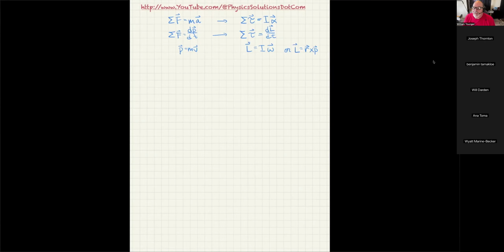Okay. So linear momentum being conserved means the linear momentum is a constant.